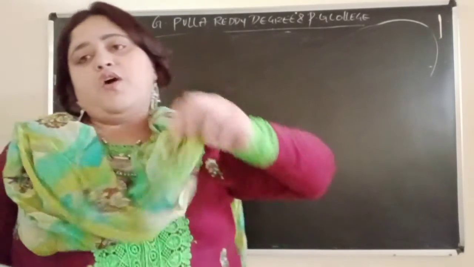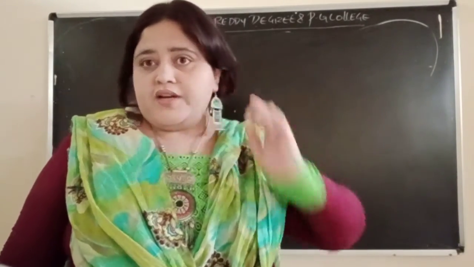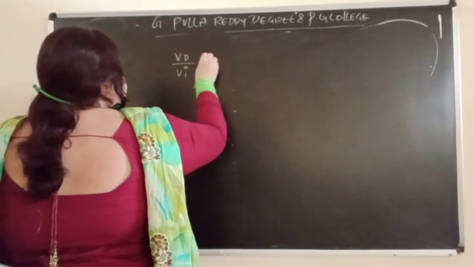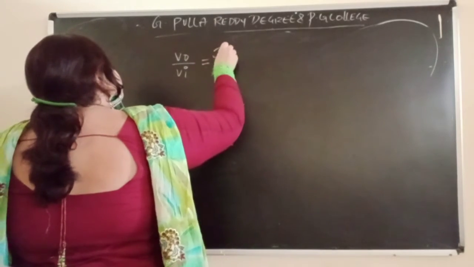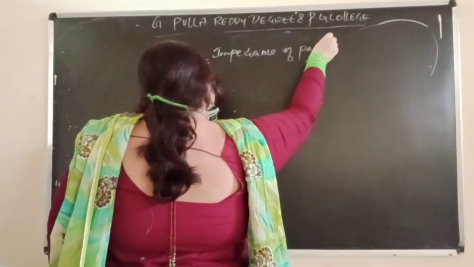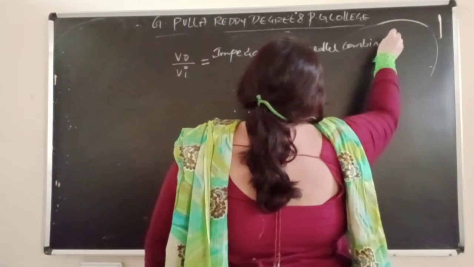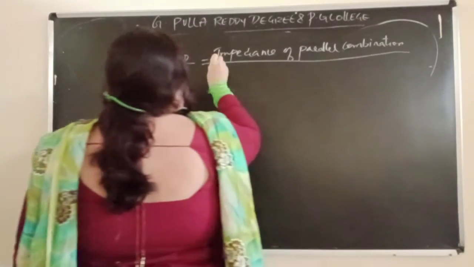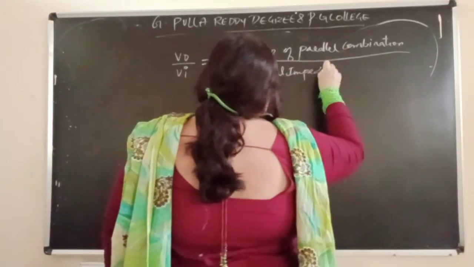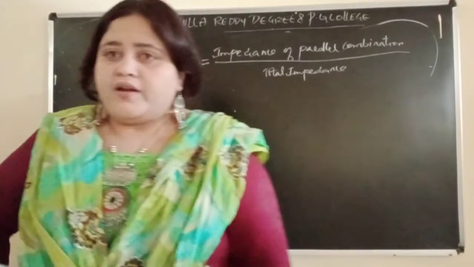So now from the previous diagram, output by input is equal to the impedance of the parallel combination by the total impedance. From the network we have to write down this formula.